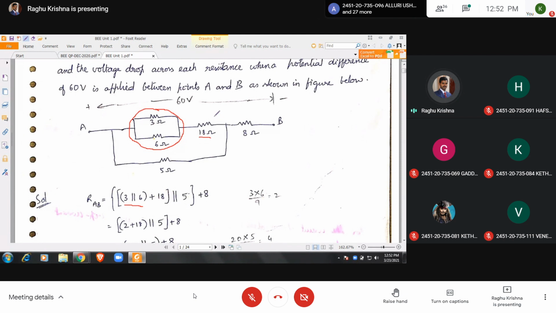And this combination is in parallel with 5 ohms.